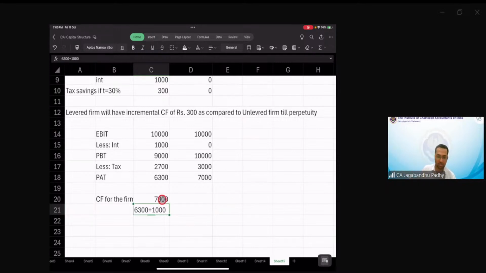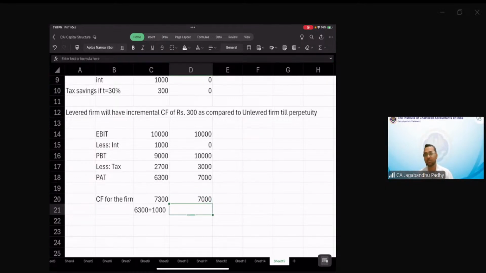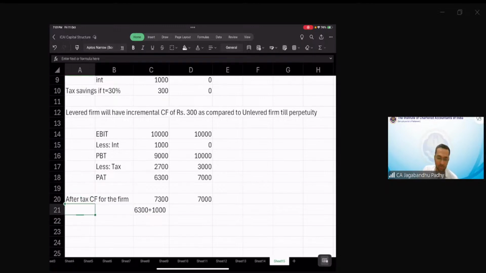Out of 7,300, you will give 1,000 to your debenture holders and 6,300 to your equity shareholders. What is the cash flow for the firm in the second case? Can I say 7,000 only? This is the net after tax cash flow for the firm.